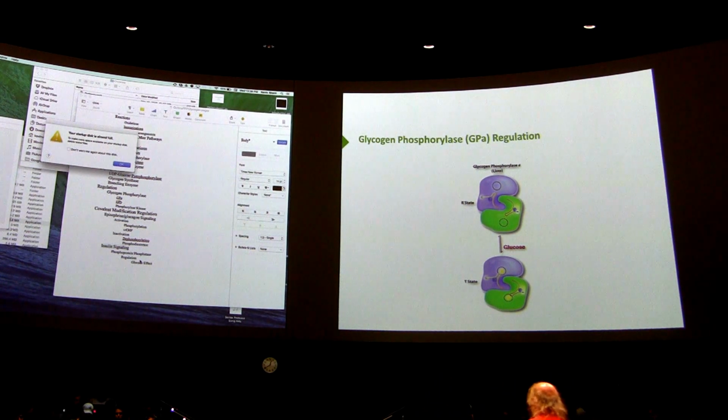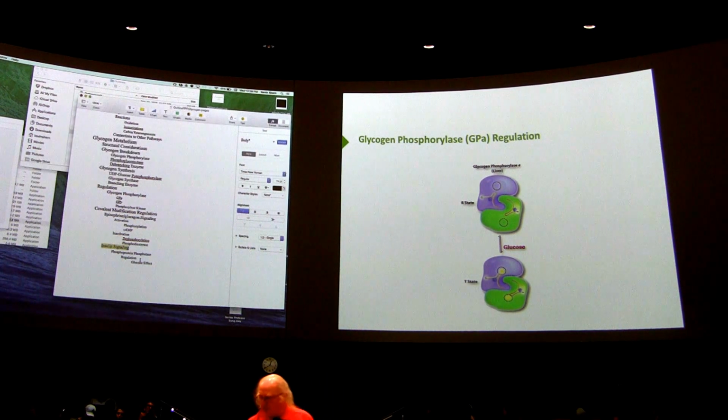Glycogen phosphorylase A can bind to glucose. Under what conditions is glycogen phosphorylase going to bind to glucose? It's a simple one, guys. When there's plenty of glucose. Is the cell energy state going to be high or low?